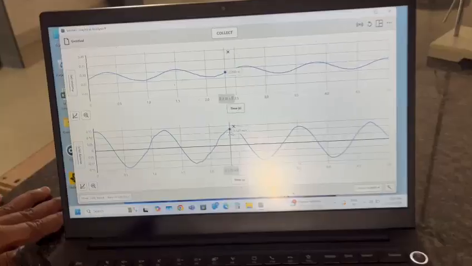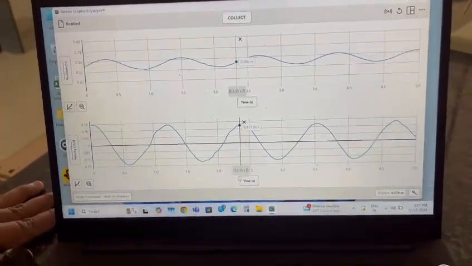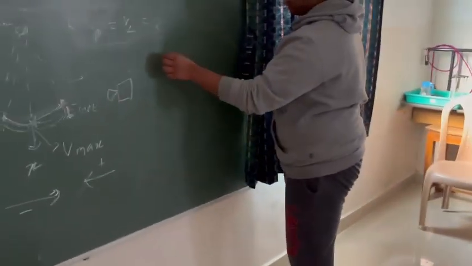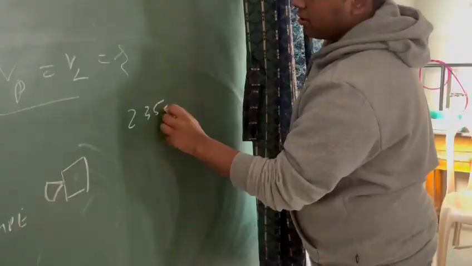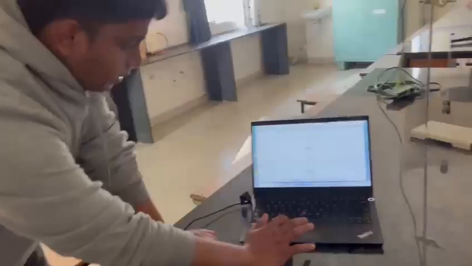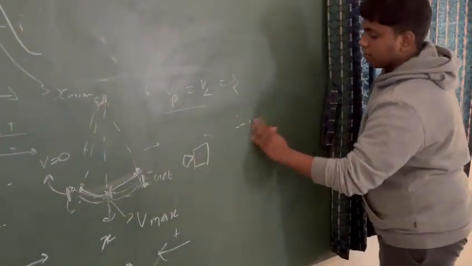We can see that that time is 2.35 seconds. So that is when we're starting, 2.35 seconds, and if we take the second reading, that is 3.5 seconds.